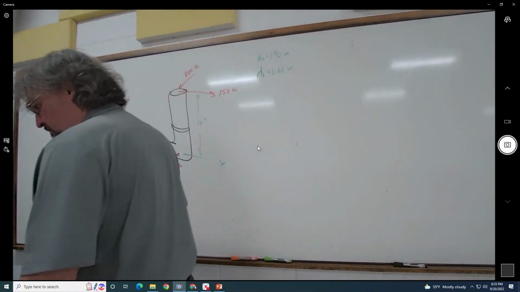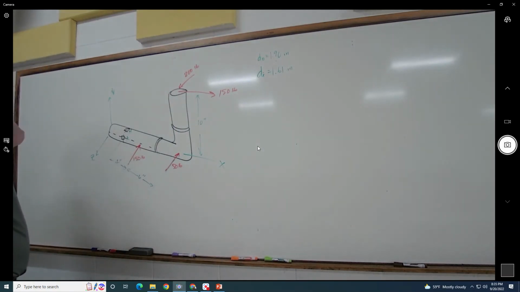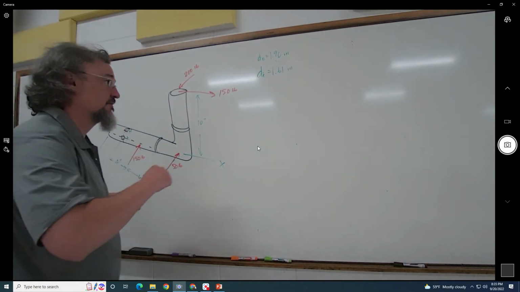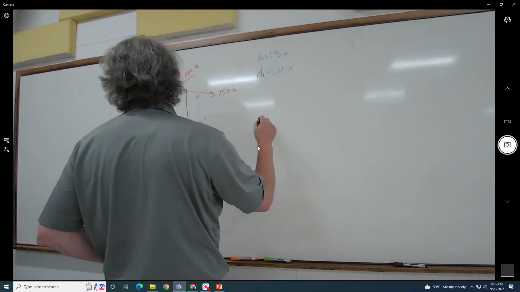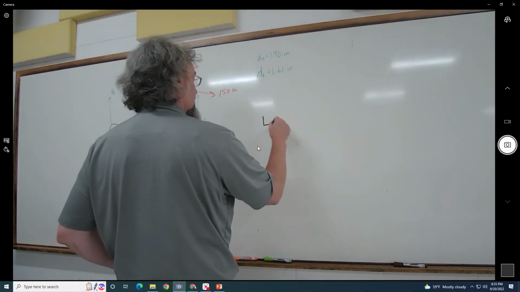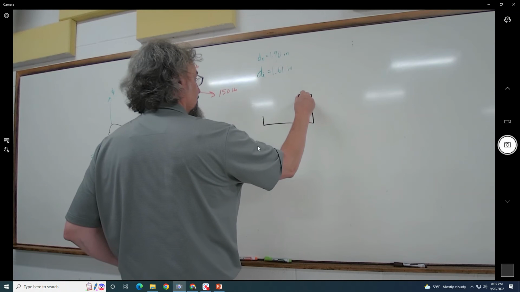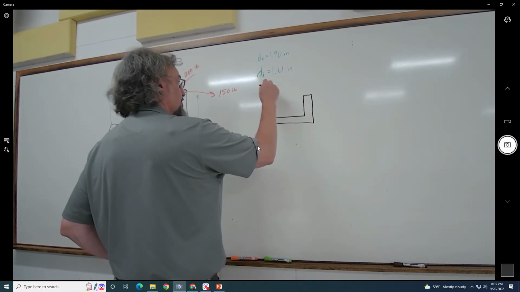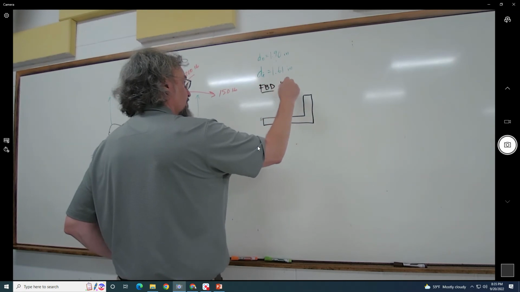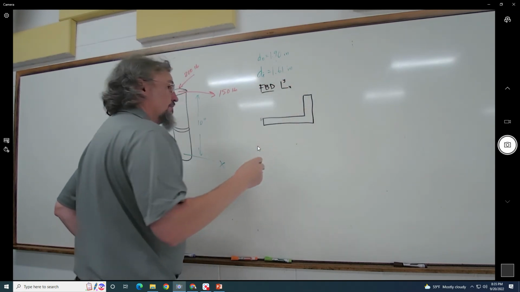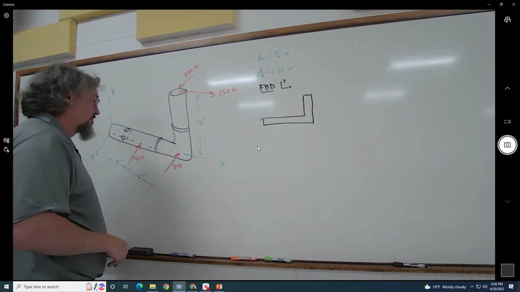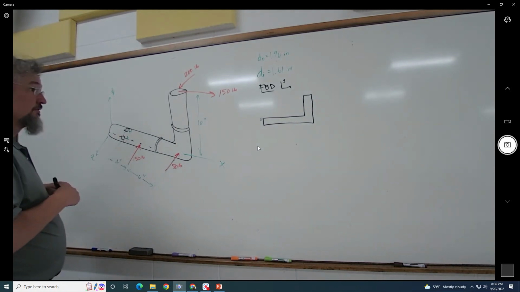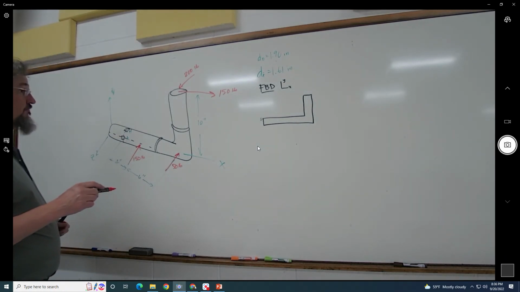All right, so I would first start off with 3 free body diagrams. I like X and Y first. And look at this and see what forces we could see.